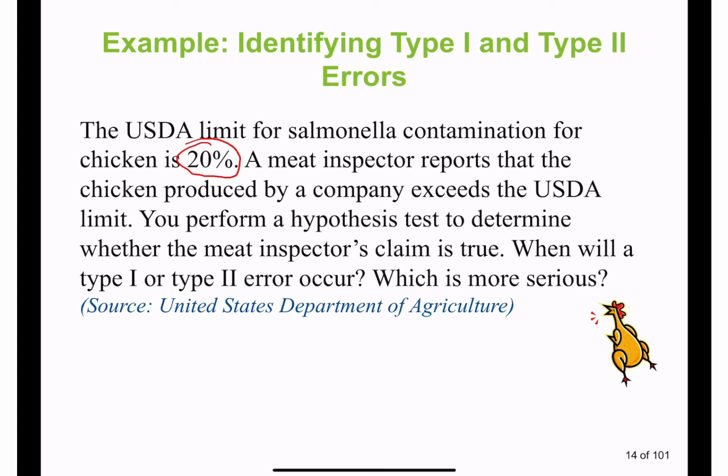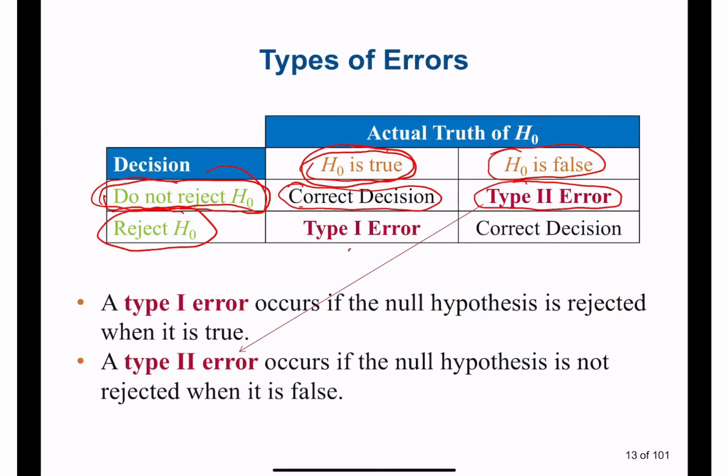You perform hypothesis tests to determine whether the meat inspector's claim is true. When will type 1 error occur? Remember, let's go back. Type 1 error will occur if the claim is true, which means it is indeed within 20% contamination, and the inspector does not believe it, rejecting the null hypothesis. So that's type 1 error.